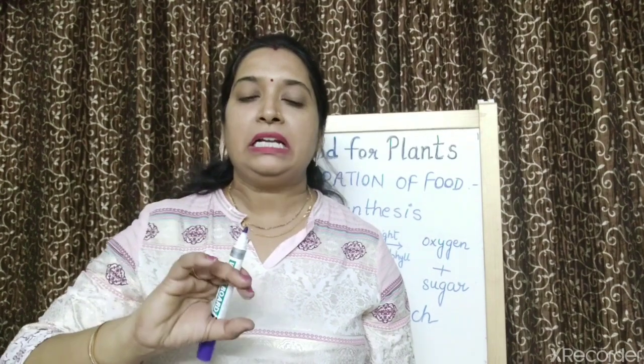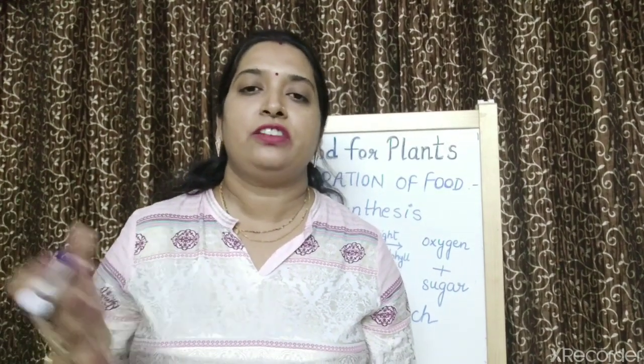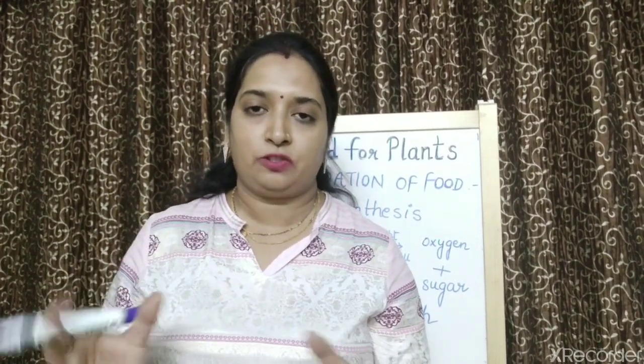So when sugar reaches different parts, it changes into starch, and there it is stored as food, right? So sugar is the soluble form in which food is transported to different parts of the plant, and starch is the insoluble form in which food is stored in the plants.